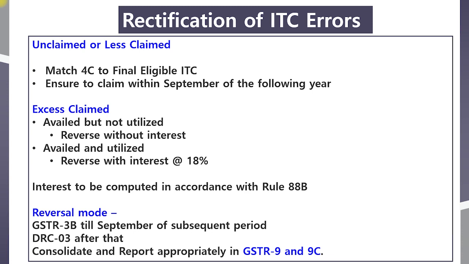Now, what is the mode of reversal? If reversed within September of the subsequent year, it will be through GSTR 3B. After that, it will be through DRC 03. We should ensure we consolidate all of this and report appropriately in GSTR 9 and 9C so that all rectifications are reported appropriately.